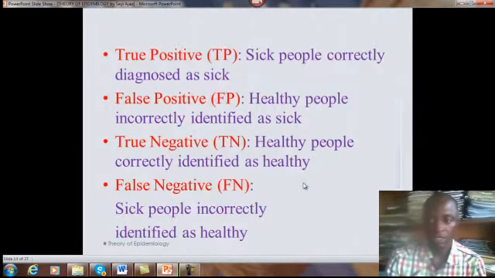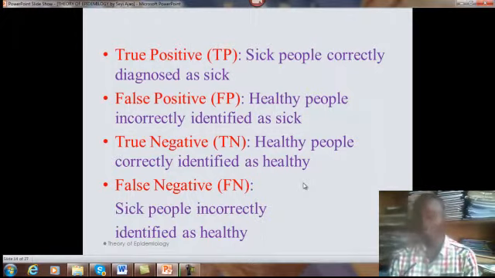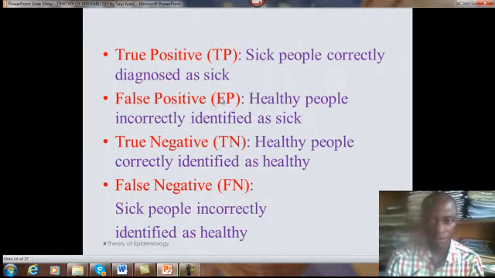So then we go to the definitions of all this. True positive: sick people correctly diagnosed as sick. Somebody is sick and correctly classified or identified as sick. That's what we want. Same thing with false positive: elderly people incorrectly identified as sick.